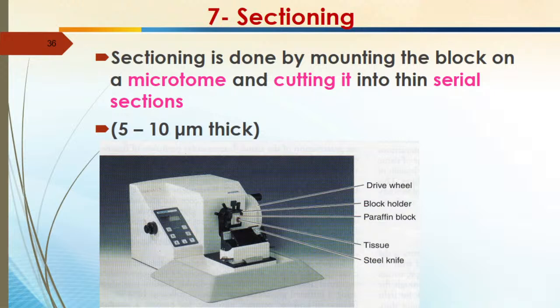The microtome cuts thin serial sections, 5-10 micrometers thick. We can see here the drive wheel, block holder, paraffin block with the tissue also visible, and steel knife. That knife is very tiny and very sharp, and can cut very fast.